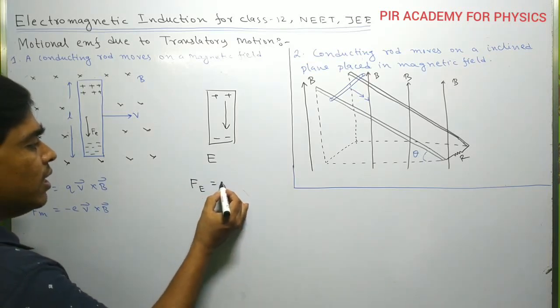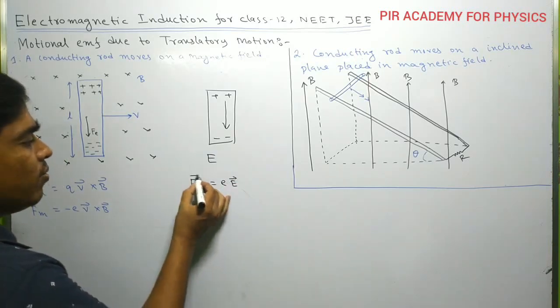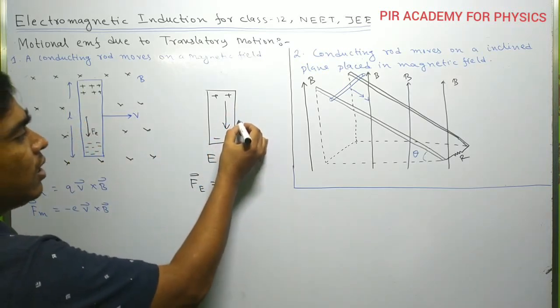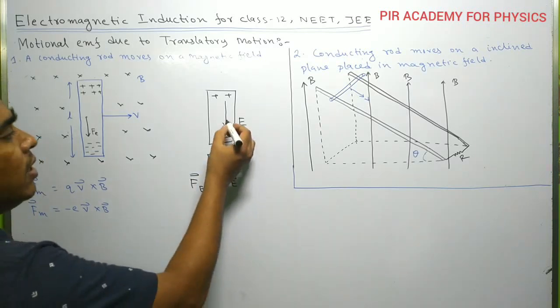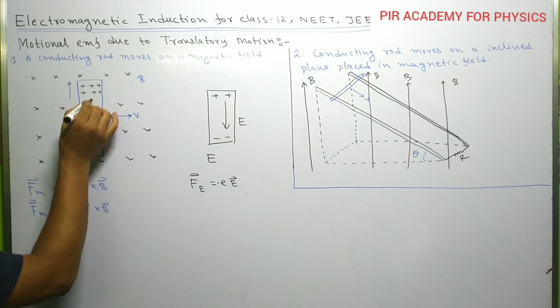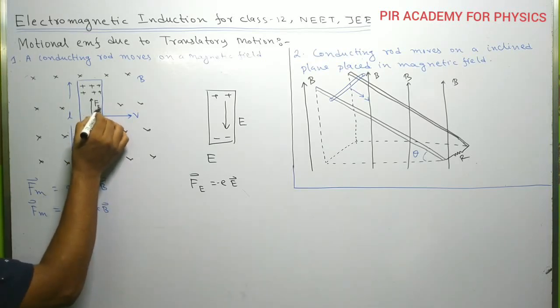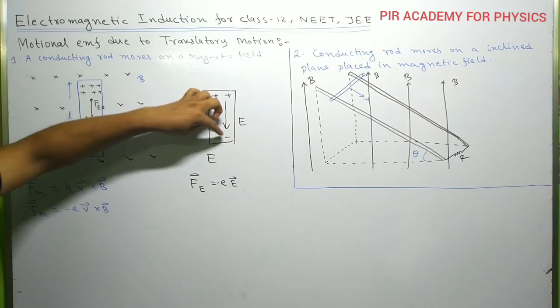The electric force will be minus e into E vector.